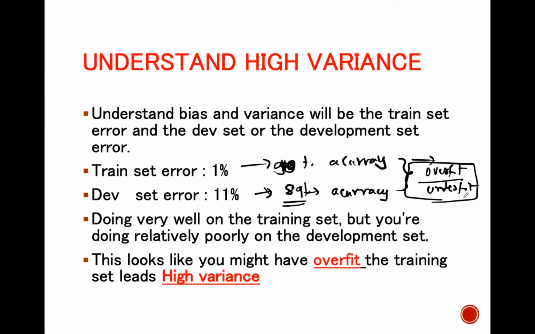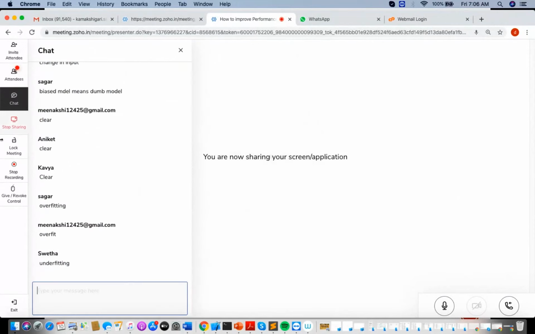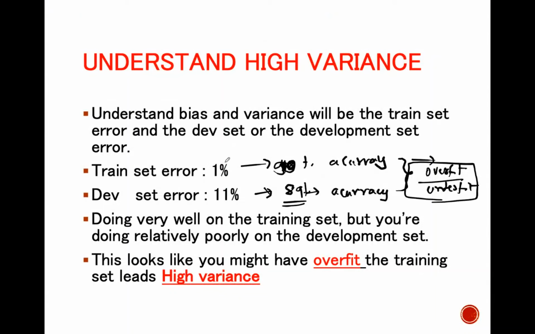I need participation, guys. Only then can we make good learning. It's overfitting. He is able to perform well on the training set. He failed on the test set.